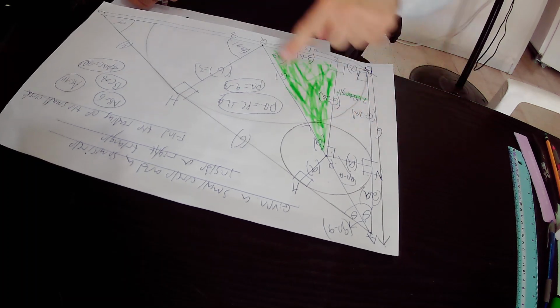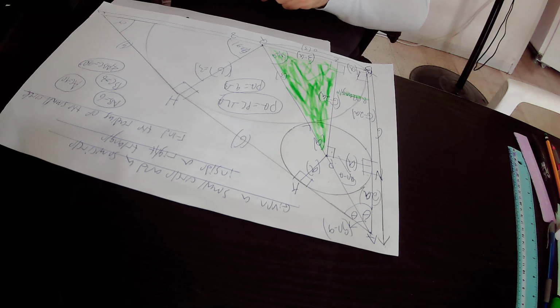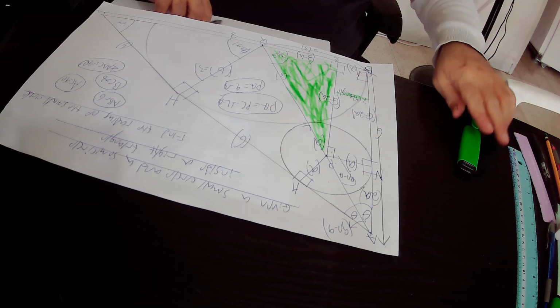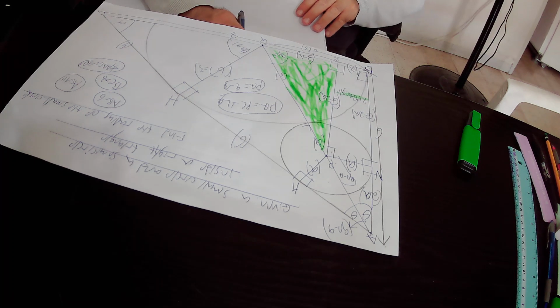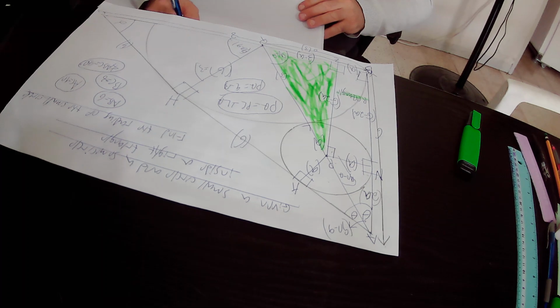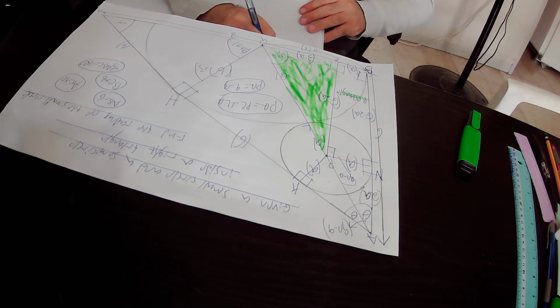Again, the hypotenuse PQ equals A plus 3. Here PT is the abbreviation for Pythagoras theorem.